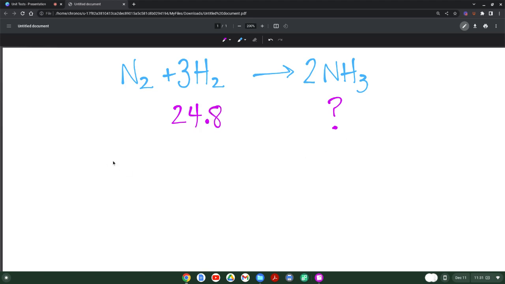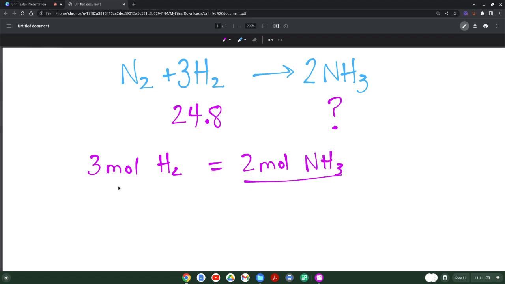And again, we're going to set up a ratio. For every 3 moles of hydrogen I use, I can make 2 moles of ammonia. If I want to use up 24.8 moles of this hydrogen, how many moles of ammonia can I make?